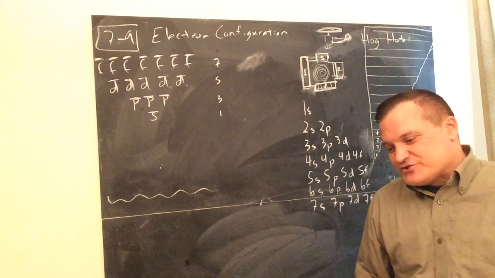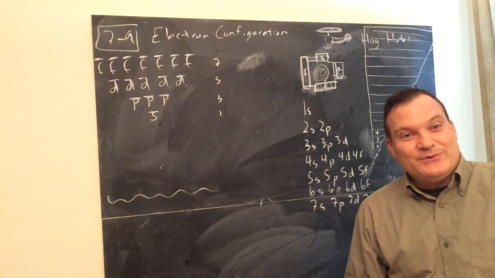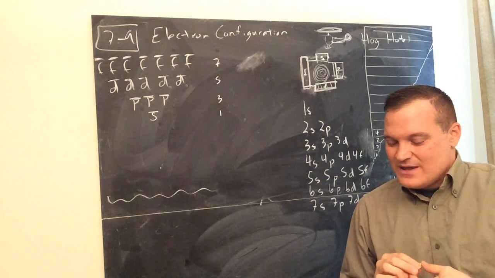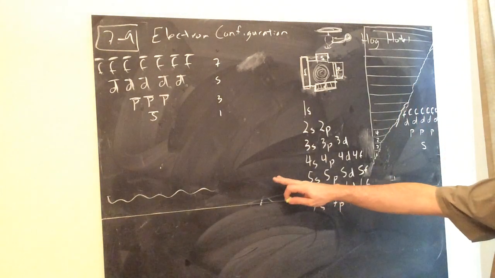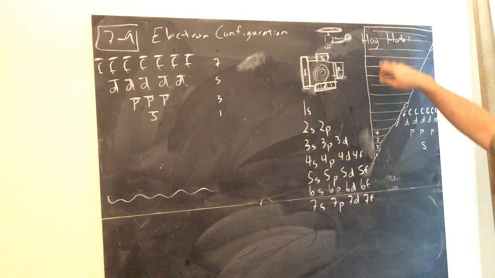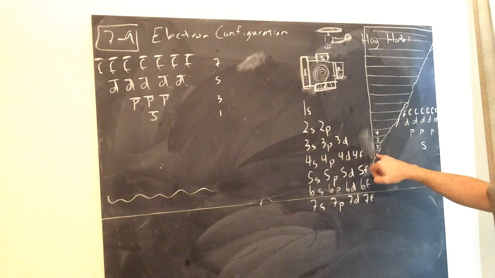Now, unfortunately, electron configuration is not as simple as the Hogg Hotel. As Hoggs fill the rooms from the bottom floor all the way up, they don't always go in order.